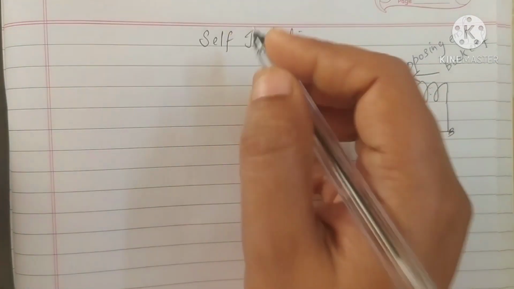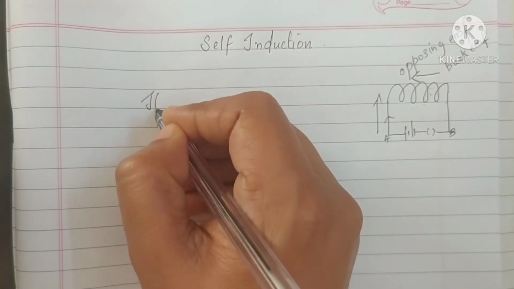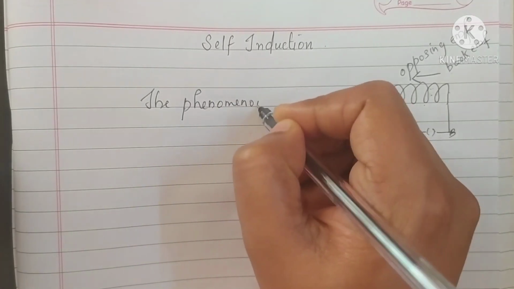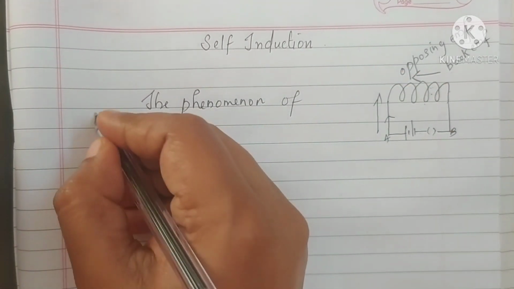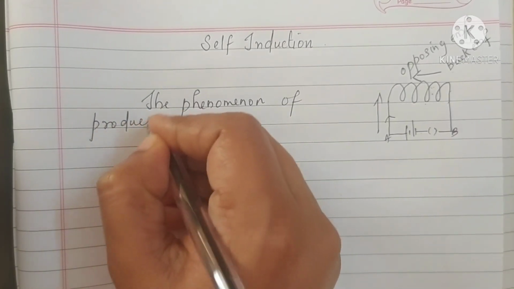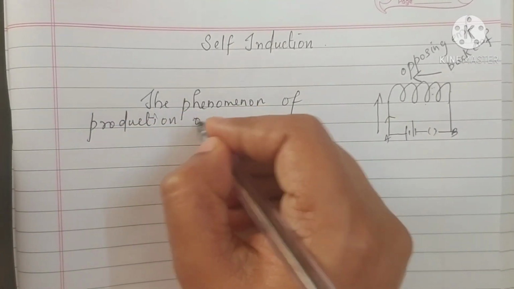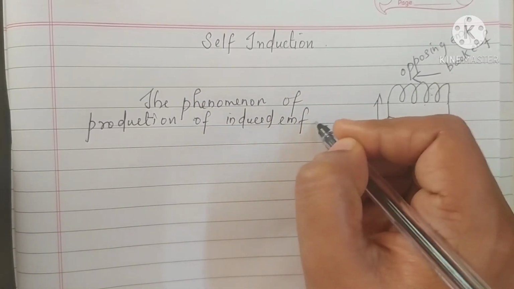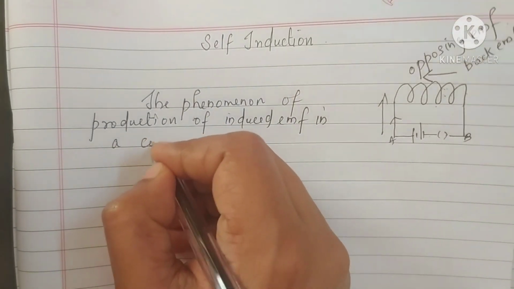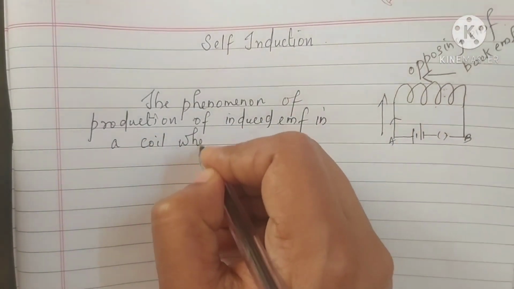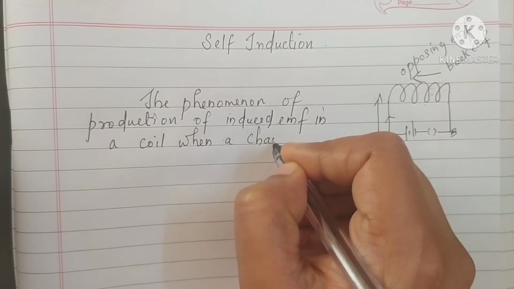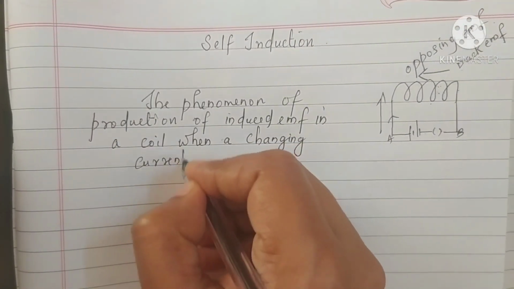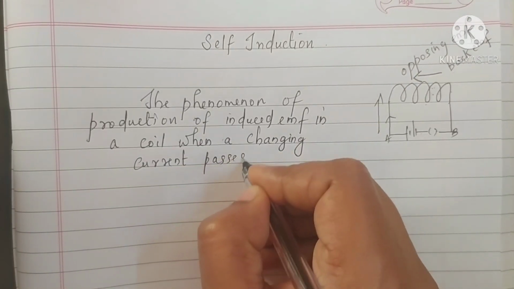Clear? So you can define self-induction as the phenomenon of production of induced EMF in a coil when a changing current passes through it.